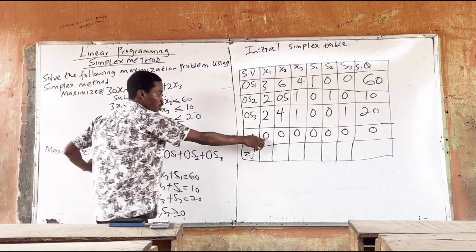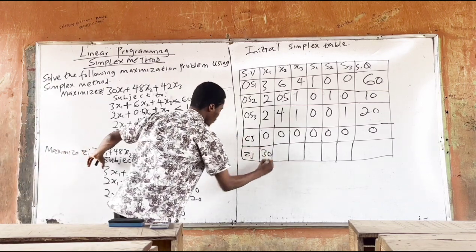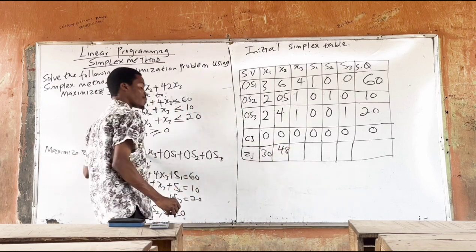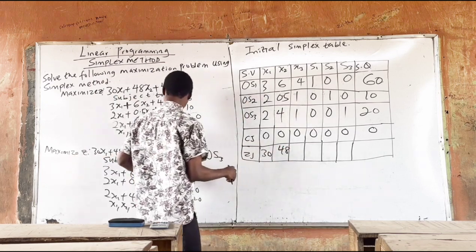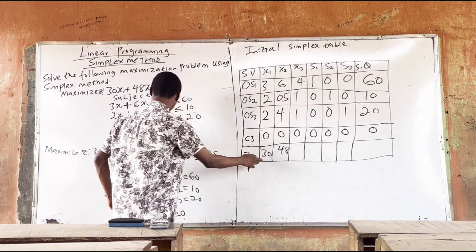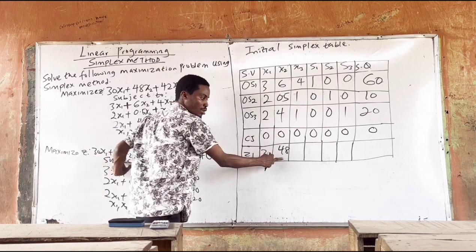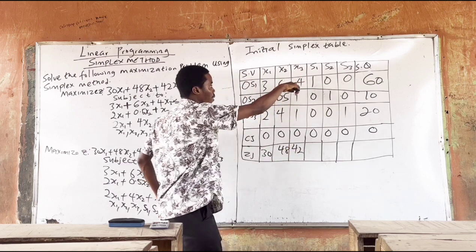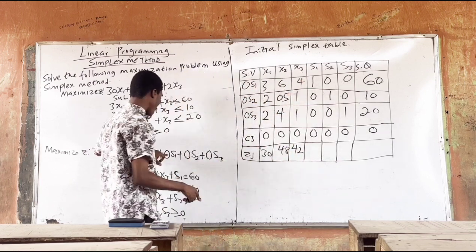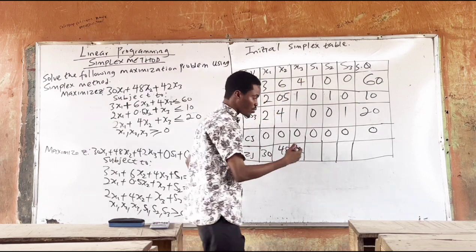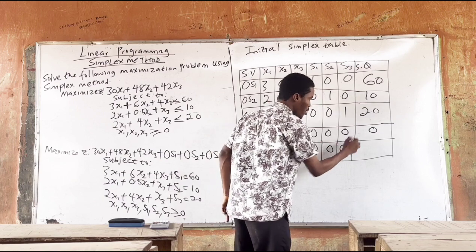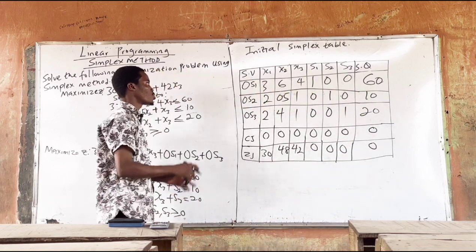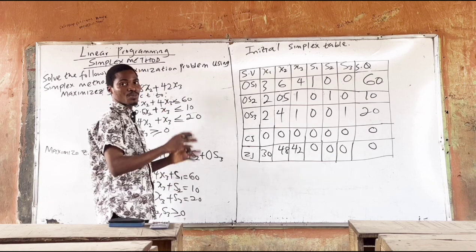So 30 minus cj: 30 minus 0, I'm going to get 30. 48 minus 0, I'm going to get 48. 42 minus 0, I'm going to get 42. On my s1, s2, s3, I have 0, 0, 0. The coefficient of the slack variable is 0, 0, 0. I don't have it here, so I'm going to put 0.